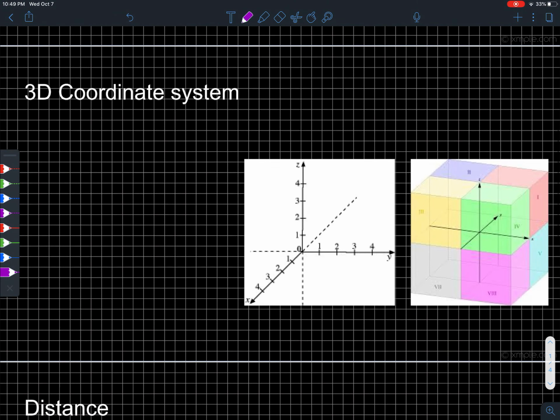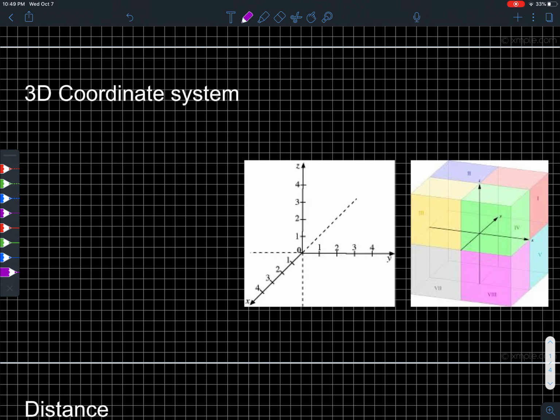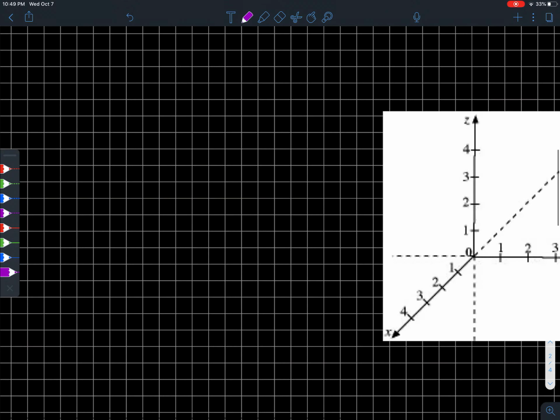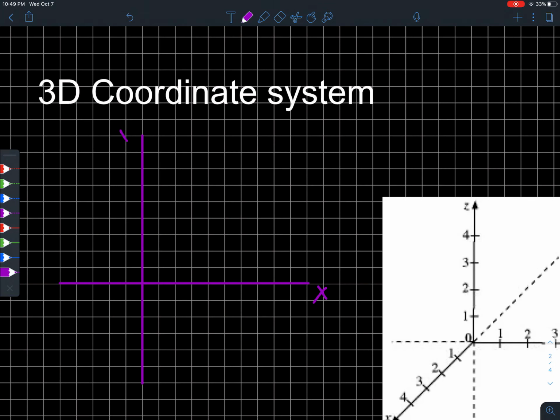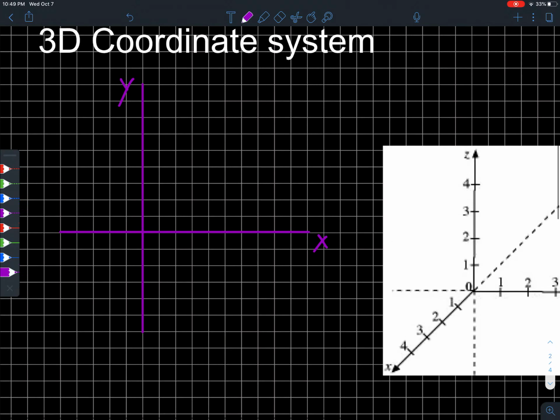Alright, first we got to talk about the 3D coordinate system. Everything you guys have done so far has been in a 2D coordinate system, the X, Y coordinate system. Easily, probably the most useful coordinate system out there.